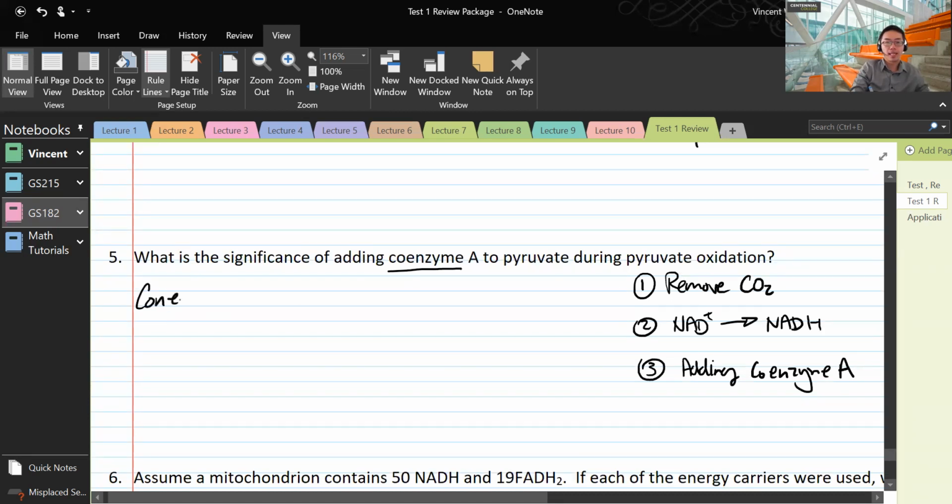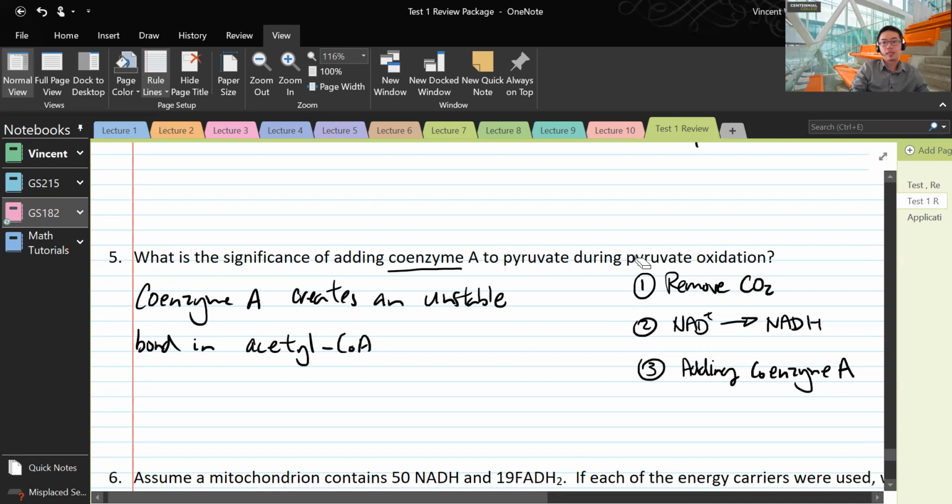So coenzyme A creates an unstable bond in acetyl-CoA. That's the thing that it becomes, right? That's the thing that the pyruvate will become after adding the coenzyme A, right?